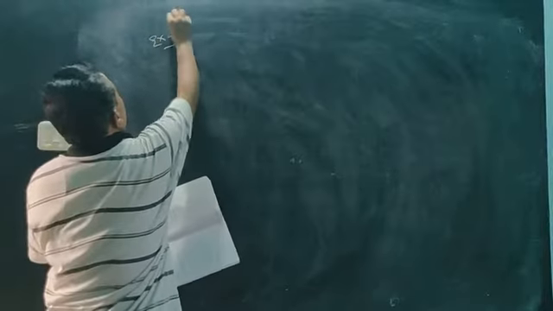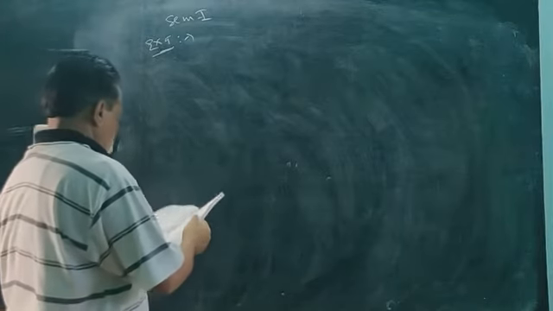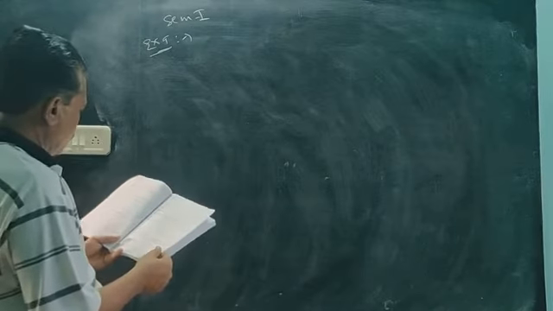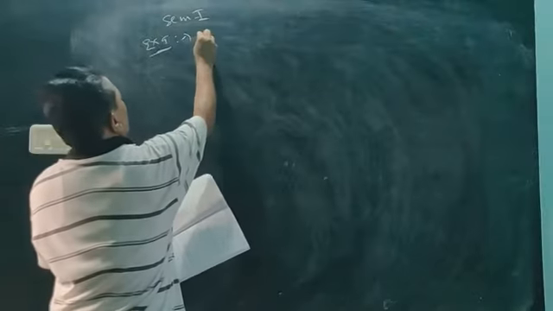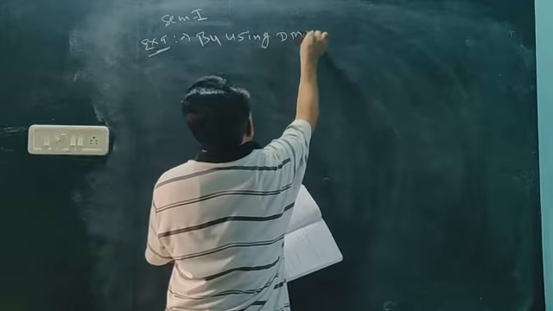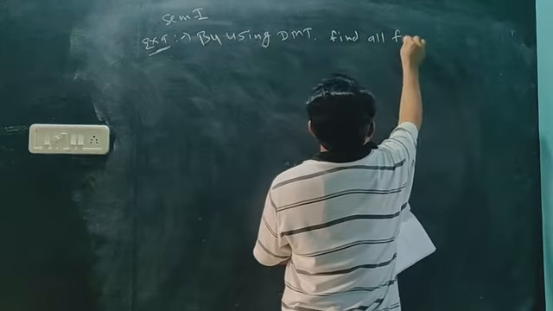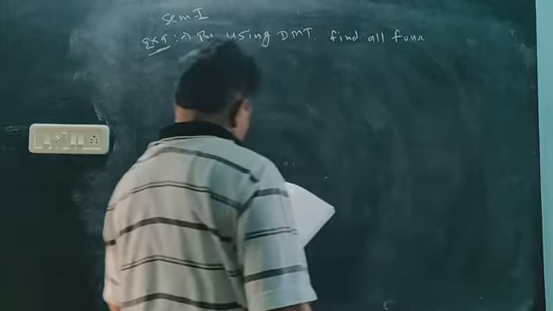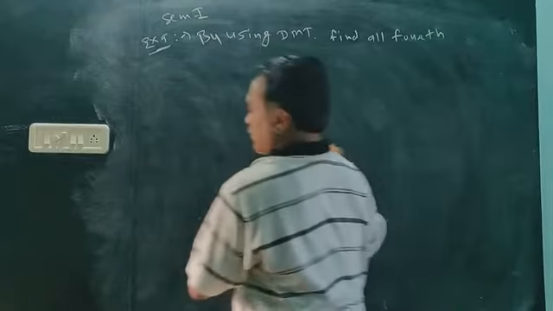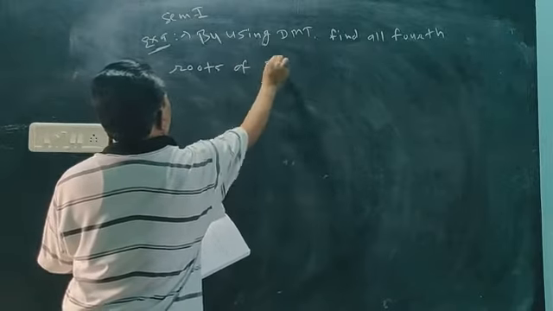Next example. By using DMT, De Moivre's theorem, find all fourth roots of 81.